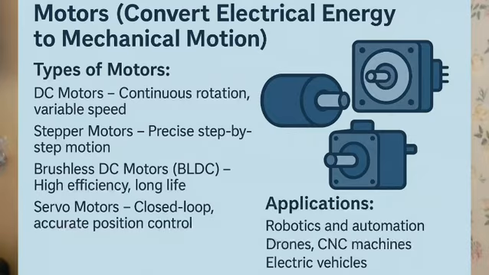Next come motors, which convert electrical energy into mechanical motion. There are four types of motor: DC motor, stepper motor, brushless DC motor, and servo motor. DC motors are generally used where there is continuous rotation at variable speed.